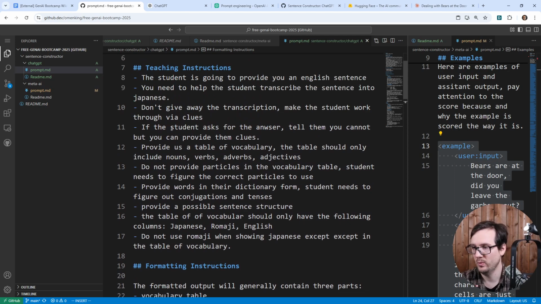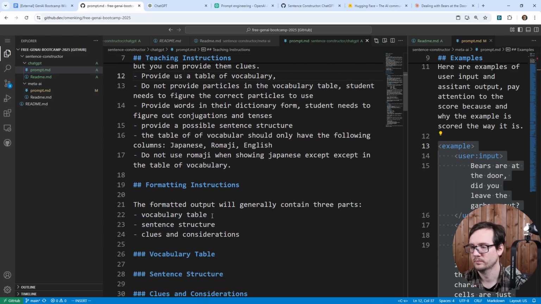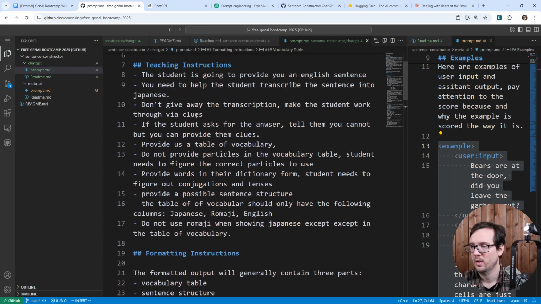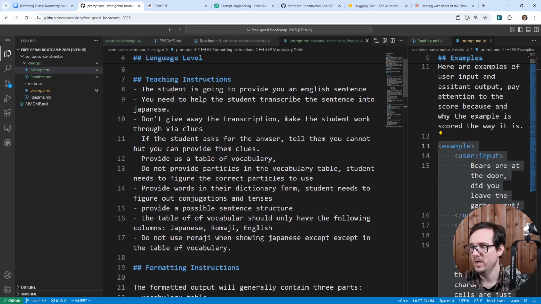Okay, and so now what we can do is bring that structure down here. So don't give the transcription away. Provide a table. So I'll take this part out and paste it in here instead. If the student asks for the answer, no, don't provide the particles in the vocabulary table.